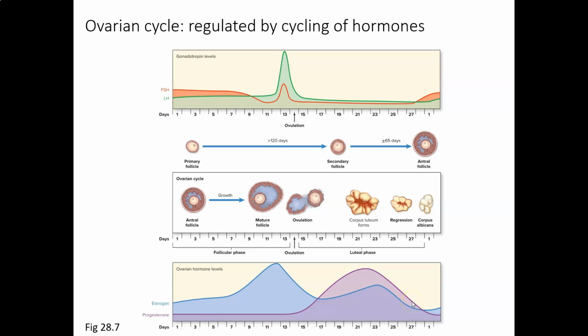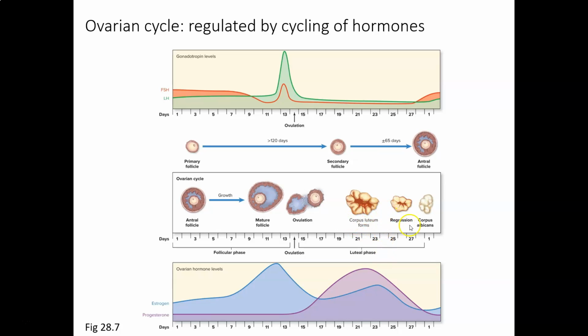So those two are going to be reduced once the corpus luteum regresses, right? And then the production of those two sex hormones is also going to be reduced. What's the trigger of the regression? If nothing happens in the uterus, no fertilization, no embryo implanting into the uterus, then there's no signal to sustain the corpus luteum.